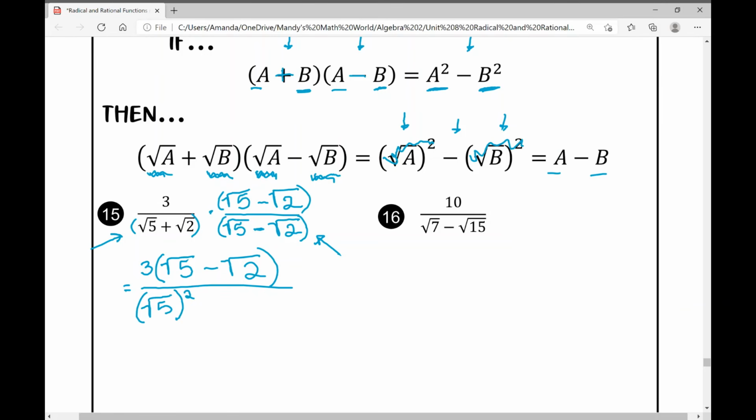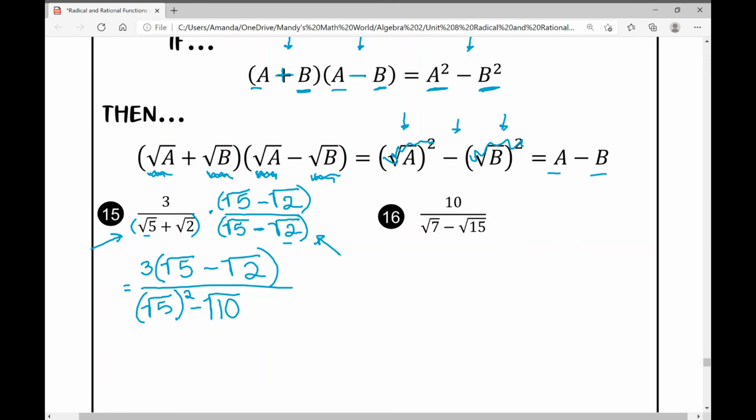The outside terms, the square root of 5 times the negative root 2, which would be minus square root of 10.